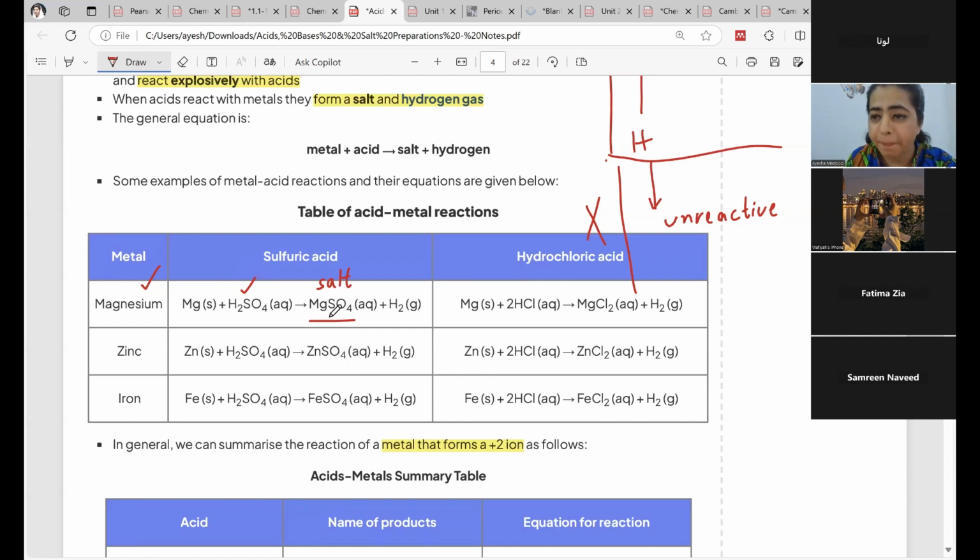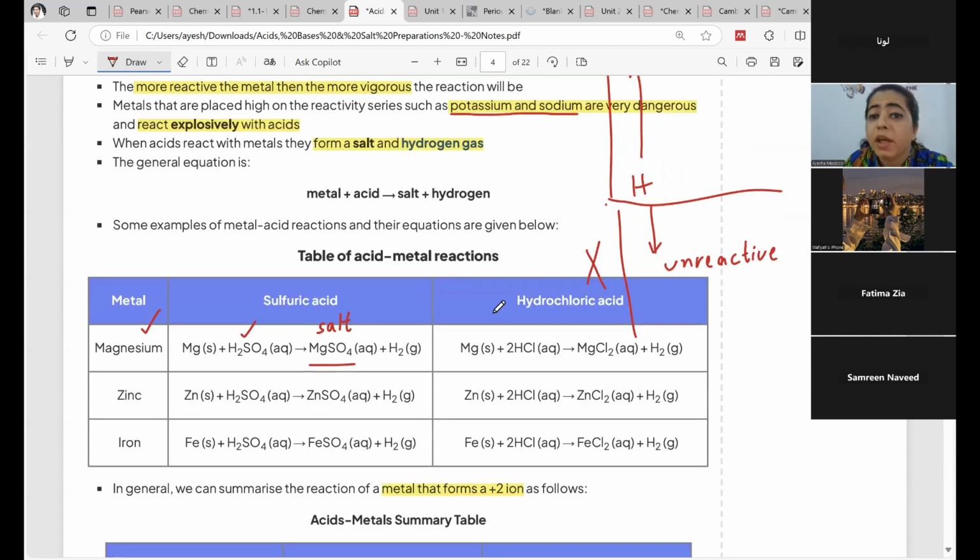Anyone? Why are we getting this? Yes. Miss, we said we put the salt with the metal, the strongest, most reactive one. So it will make magnesium sulfate, and the hydrogen, which is the less reactive one, will be left behind.